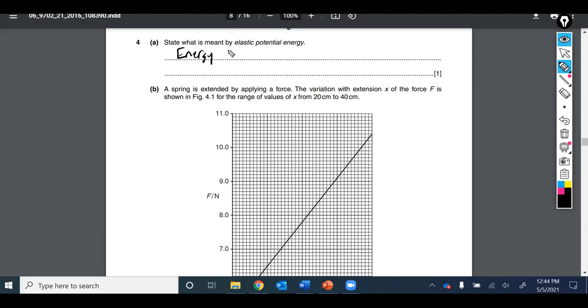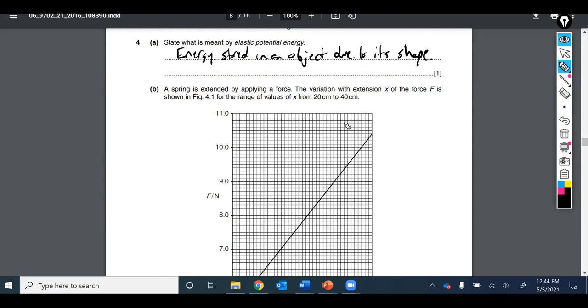Energy stored in an object due to its shape.